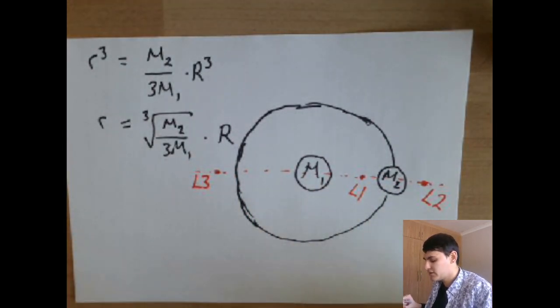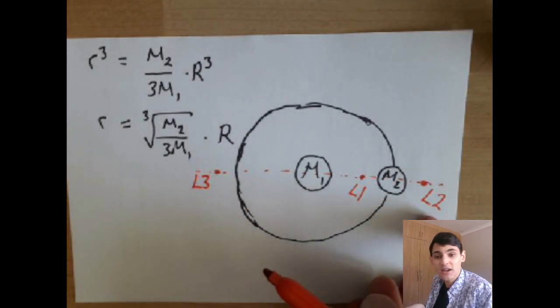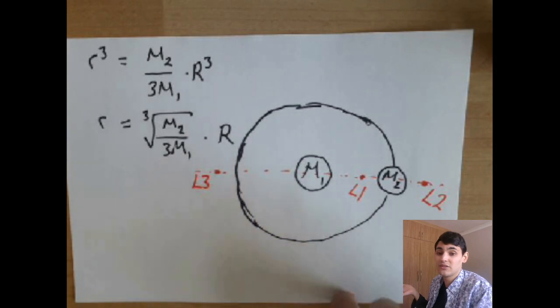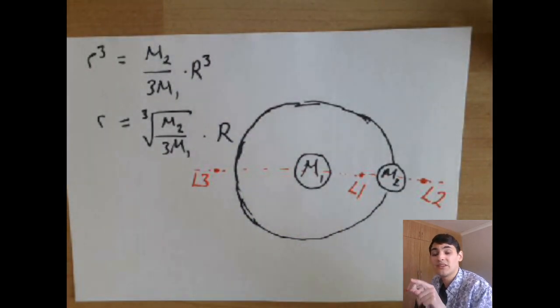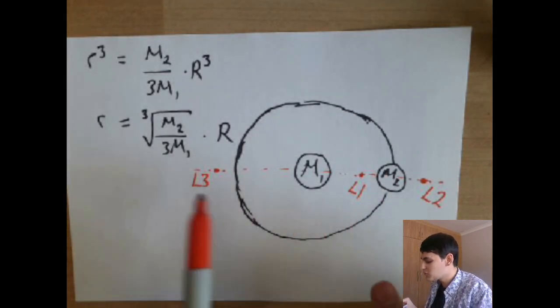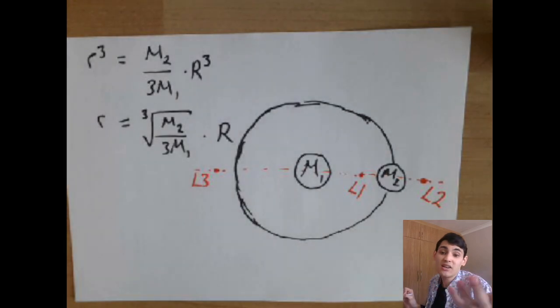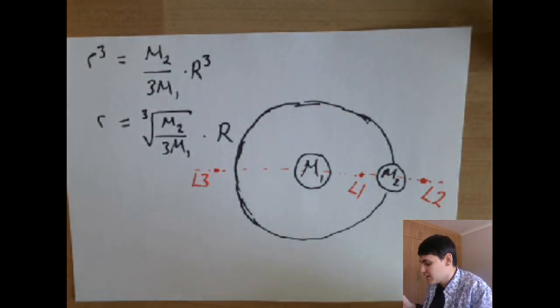If you use a similar formula and get the positives and negatives of gravity in the right direction, you should be able to work out all three of these. I leave that as an exercise to the viewer if you're interested. It's a fun exercise, I'd say.